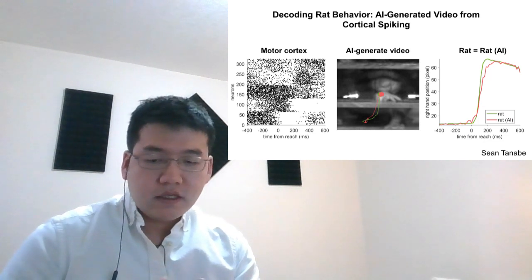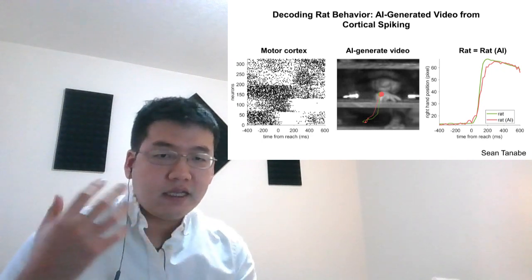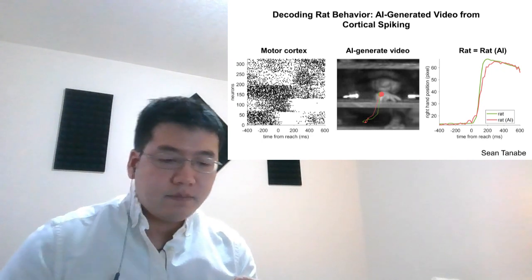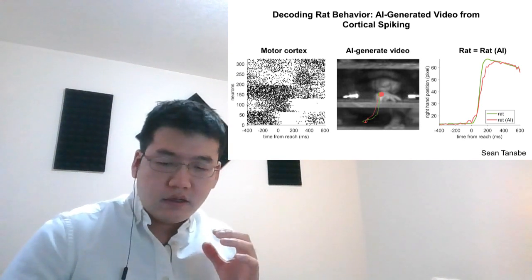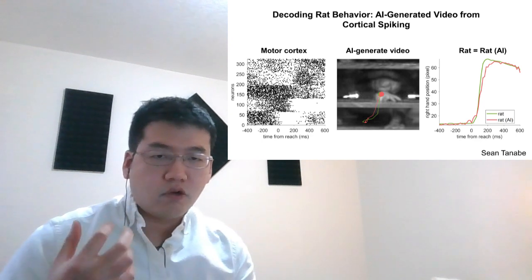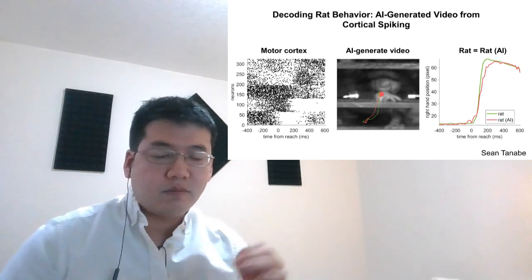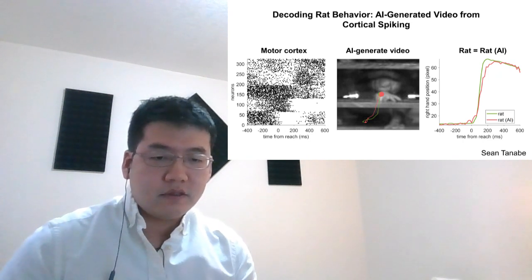In turn, we could tell what kind of information the spikes contain, and what kind of information they don't contain. This isn't just about understanding how rats reach, but more generally about understanding how a species' motor cortex communicates with its behavior. And so we can understand more about mental illness.